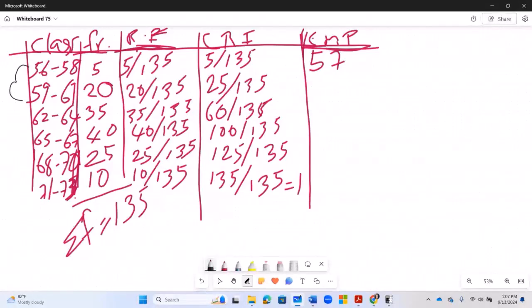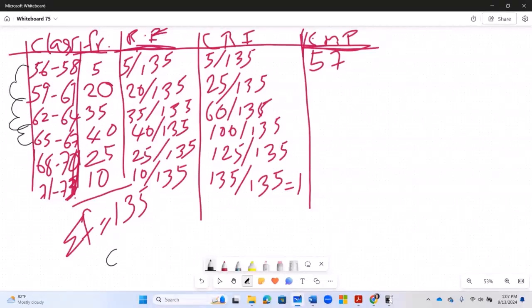The class width is the positive difference between consecutive lower limits. 59 minus 56 is 3. 62 minus 59 is 3. 65 minus 62 is 3, and so on.